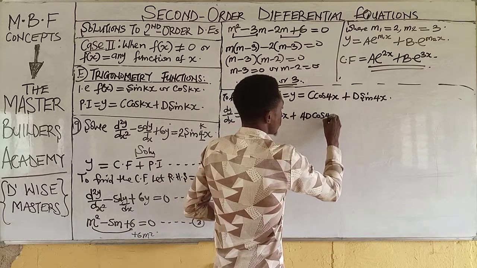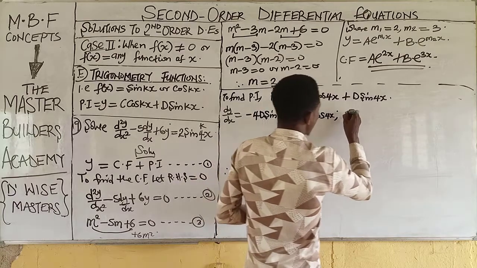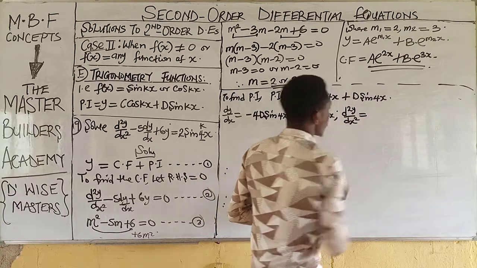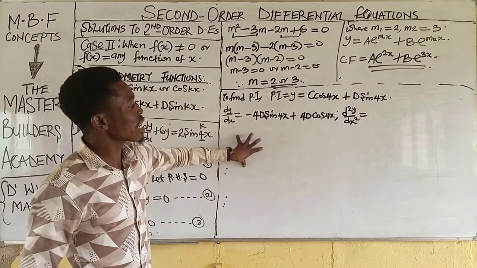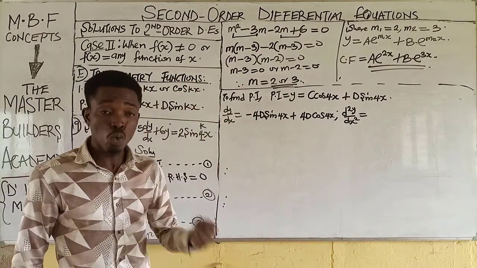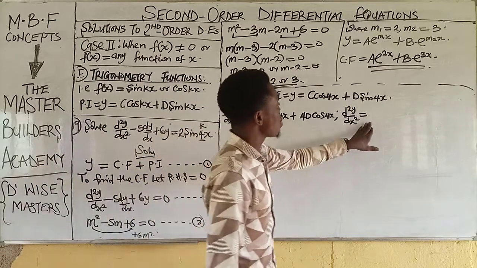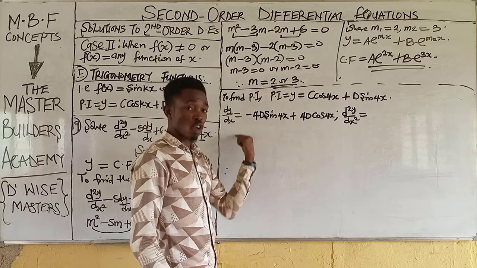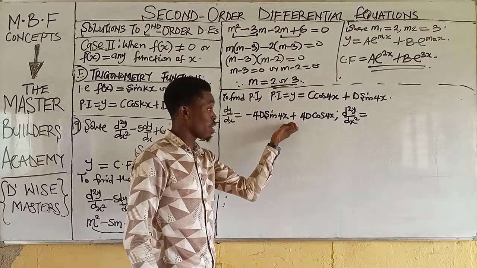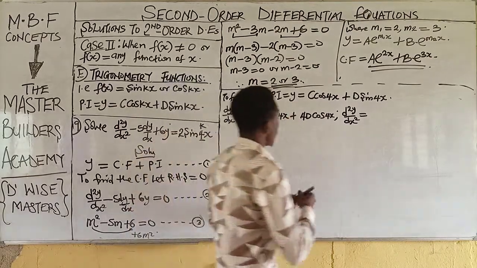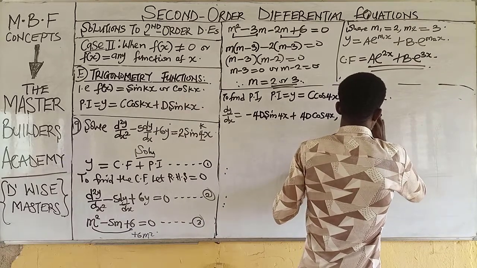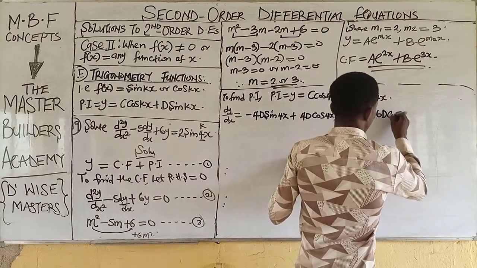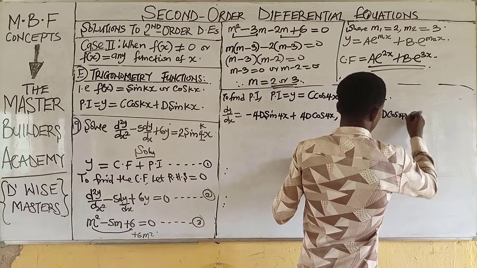The angle remains. Then the second derivative, d squared y over dx squared, is equal to. For the second derivative, all we simply need to do, same here, is when we differentiate this, the angle will also come out again. We differentiate 4x, we have 4. 4 multiplied by 4, we have minus 16c. First one is c. And when we differentiate sine, we have positive cos. So cos 4x.